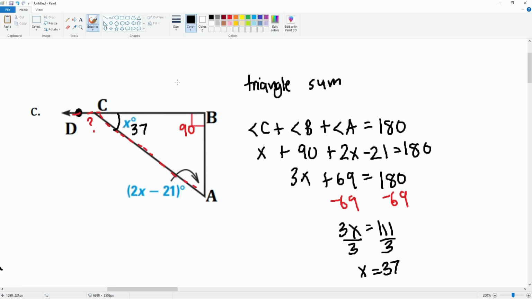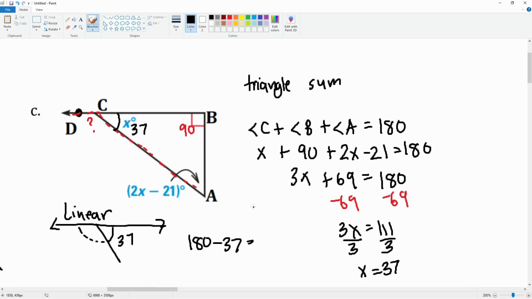How does that help you? Well, if you take a look, this forms a line. We know that this piece was 37 degrees, so we want to know this piece that was left. We know that these two make a linear pair, so all you have to do is 180 minus 37, which is equal to 143.